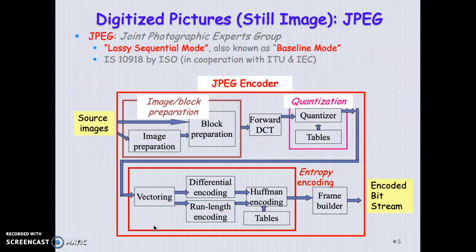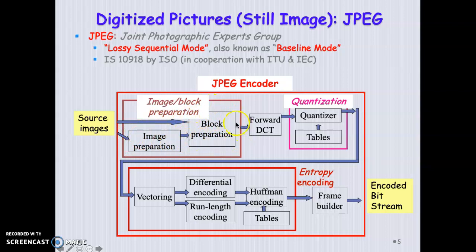This is the diagram of the one that we discussed before. Where you have the source, you will do the image or block preparation. In image or block preparation, you will have two processes. One is the image preparation, and then you will do the block preparation. But you can go directly to the block preparation without image preparation.